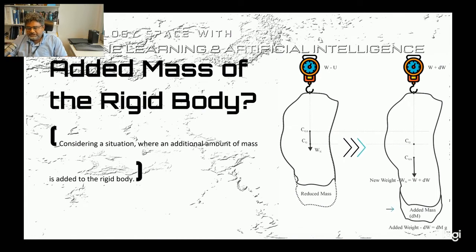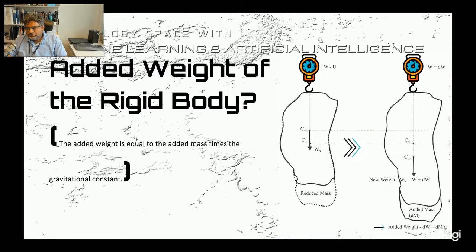So think about a situation where you're adding additional mass into the existing rigid body. Here we are trying to compare what could happen to the rigid body when you add mass as added mass. Of course, obviously its weight will increase in this situation. The added mass is reflected by dm in this figure, and you will have additional weight.